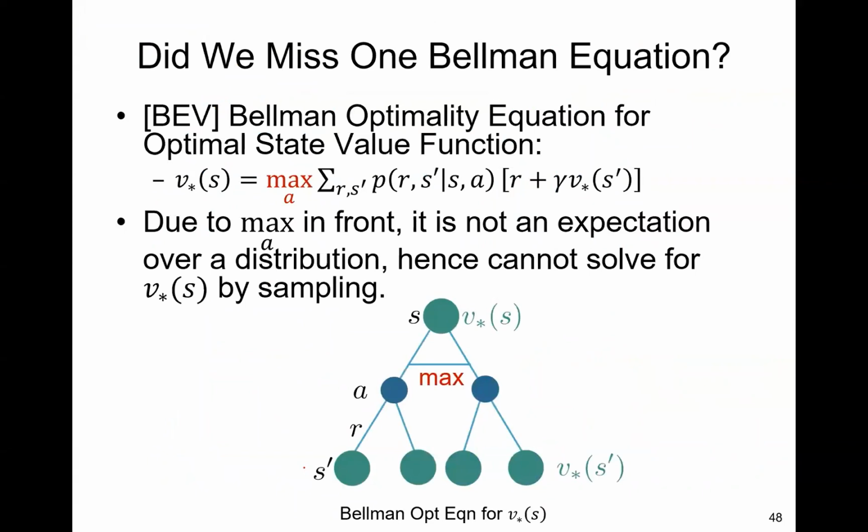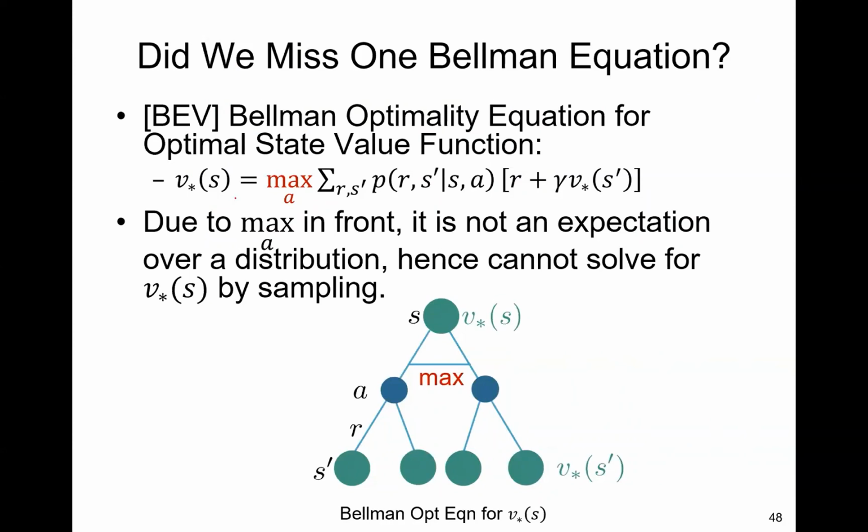So we had 4 Bellman equations before. For Bellman optimality, we had 2 equations. For Bellman expectation, we had 2 equations. But for the Bellman optimality equation for V star, we don't have a corresponding sampling version.